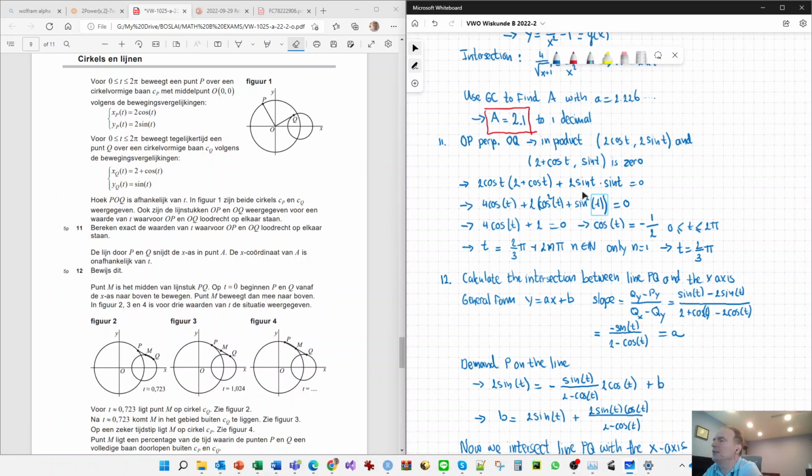That is nice because you get cosine squared plus sine squared, which is 1. So you get 4 cosine t plus 2 equals 0, or cosine t is minus 1/2.